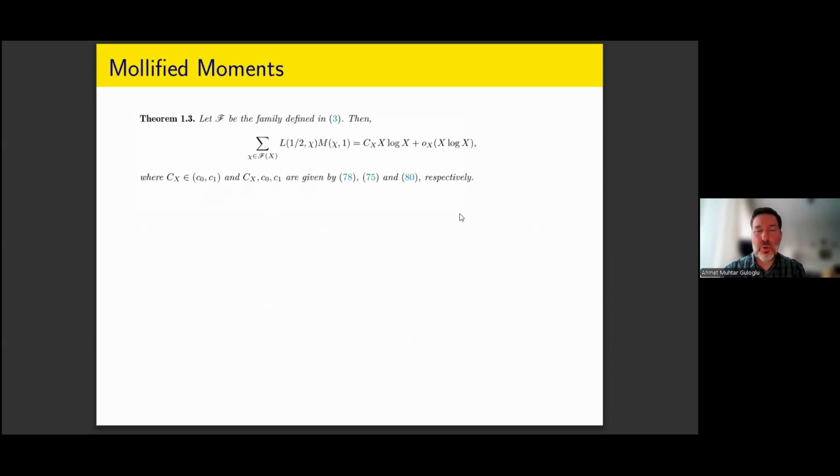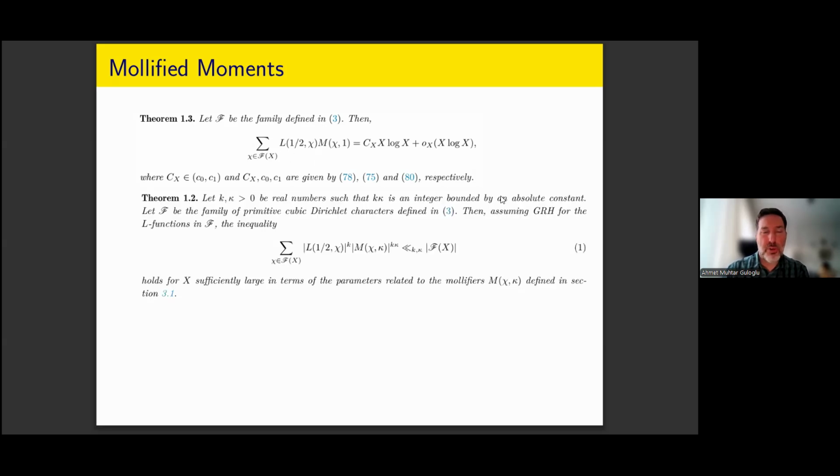And for the other modified moments, with Hamza, we got this asymptotic formula, using this modifier. For the first moment, you need either a lower bound, as I told you, or an exact formula. If you take the limit of this one, it will give you a lower bound in the limit. And as you can see in our paper, we compute the modified moments for any k, not just for 2.